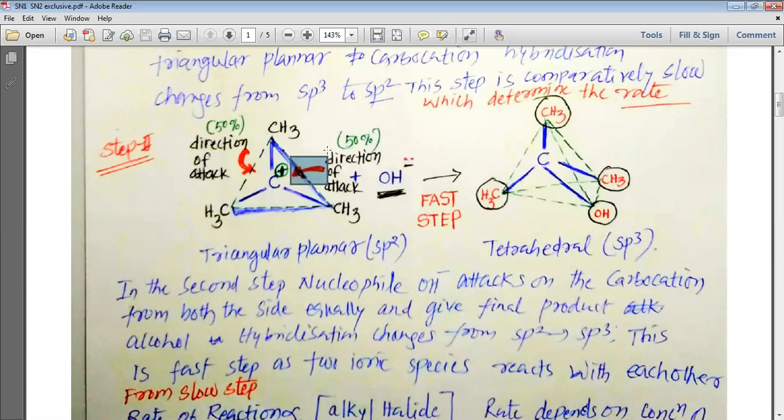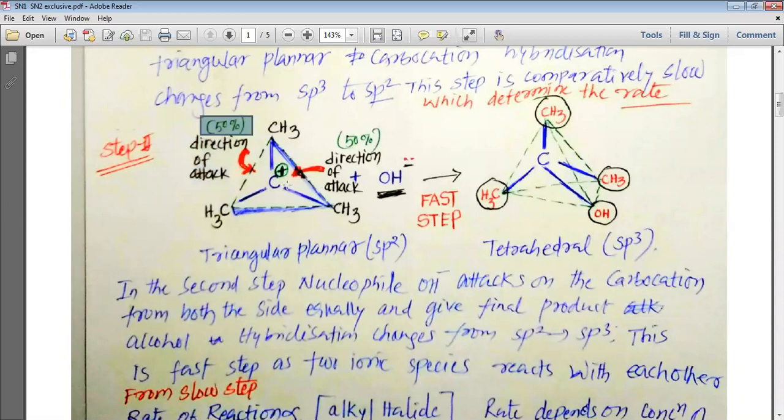But only 50% of the OH minus attacks from this direction, because there is another direction available. This is the other direction, exactly from the opposite side of the carbocation. This direction of attack is possible by OH minus, and 50% of the nucleophile attacks from the opposite side of this carbocation.